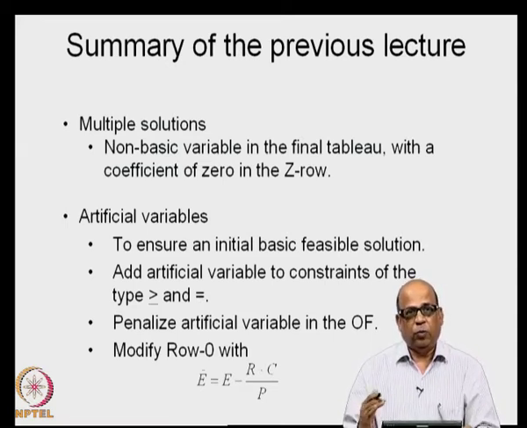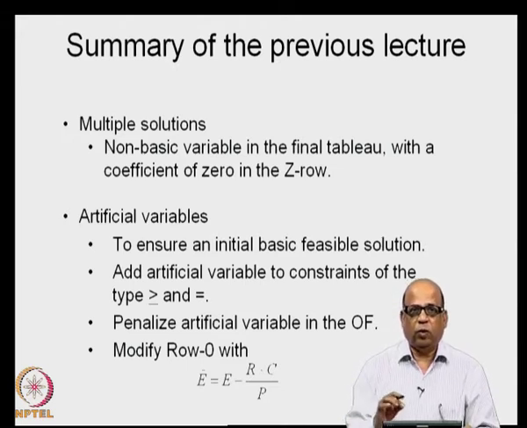and therefore, you would penalize the objective function for any non-zero value of the artificial variables, and artificial variables are non-negative. Therefore, the only desirable value for the artificial variables will be 0.